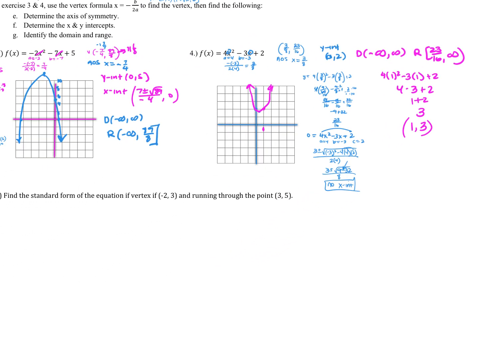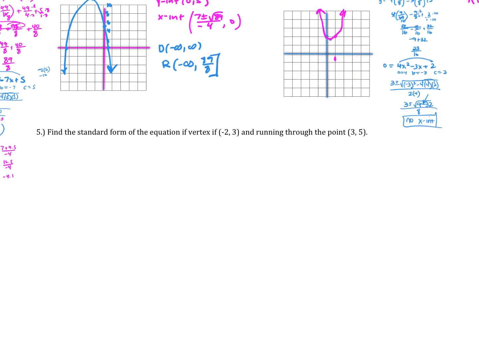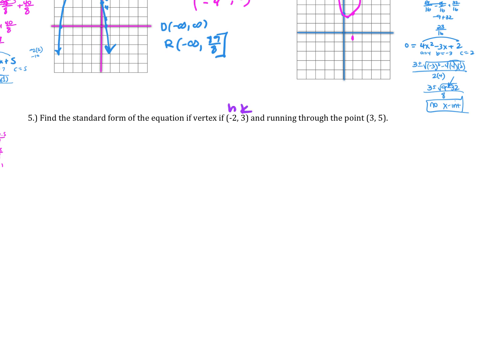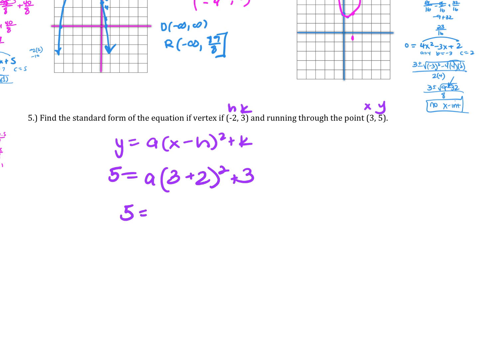All right, then comes the easy one. This is your equation. So I'm giving you the vertex and a point. This is my h, this is my k, this is my x, this is my y, and I'm going to plug it into y equals a times x minus h squared plus k. So 5 equals a, the unknown, x is 3, minus a negative 2, that becomes plus 2 squared plus 3. 5 equals a times 5 squared plus 3, 5 equals a times 25 plus 3.